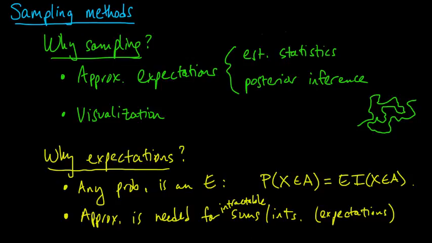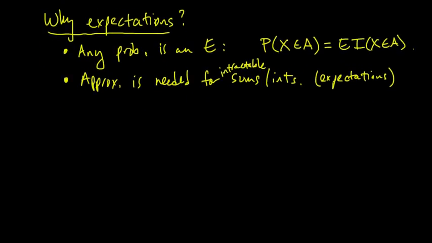Okay, so let's talk about some pros and cons of sampling methods, just very generically. Some advantages of sampling methods in general, and here I'm thinking about Monte Carlo approximation, importance sampling, sequential importance sampling, Markov chain Monte Carlo, all these sorts of things. The major advantage is that they are easy.